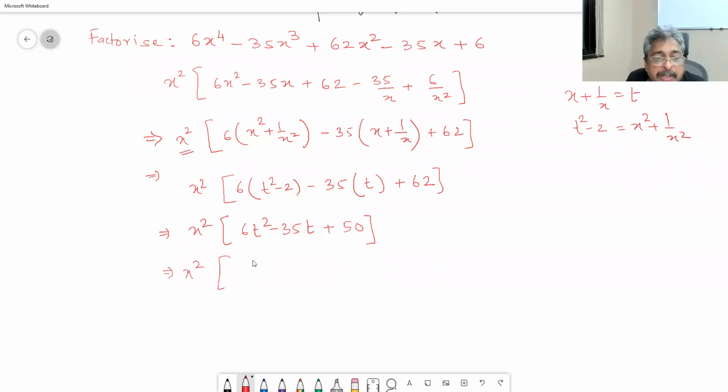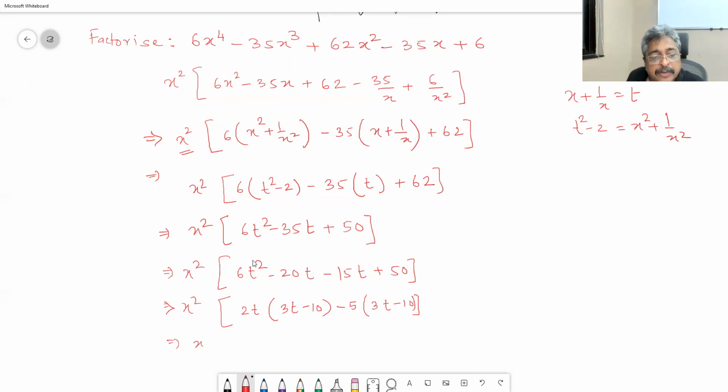So x square inside bracket 6t square minus 20t minus 15t plus 50. 2t inside bracket 3t minus 10, minus 5 inside bracket 3t minus 10.